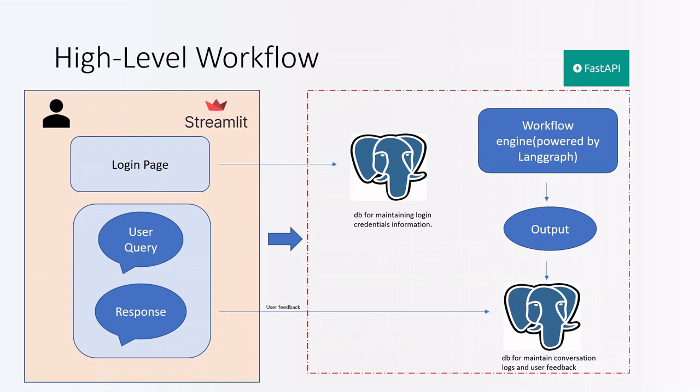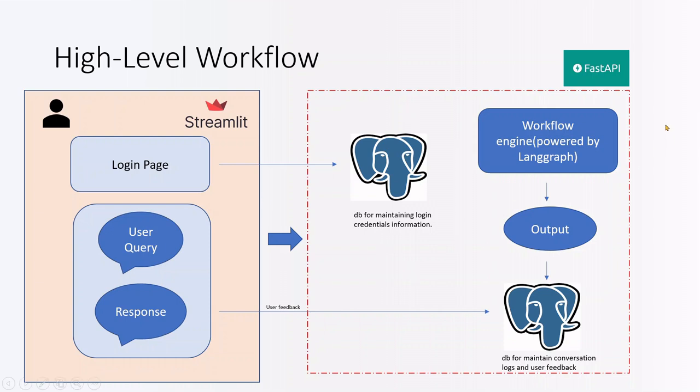Once you enter your user query, it hits the API, and the API runs a workflow engine that's powered by LangGraph, generates the output and stores it in the Postgres database, and it's also visible on the UI as a response. Then the user can give the thumbs up or thumbs down, basically a positive or a negative response, which gets stored in the database again. And as we said, it can be used as an ambitious plan to better the chatbot's responses.